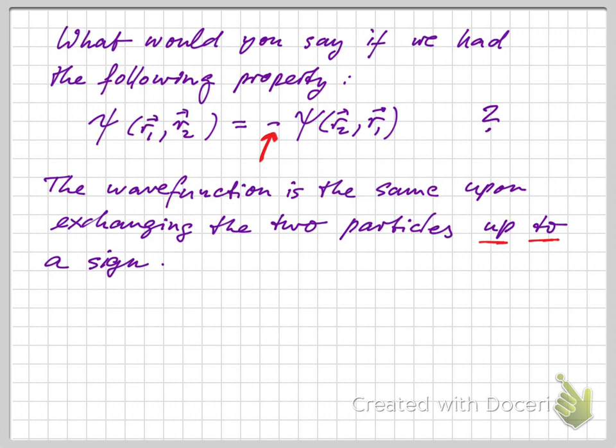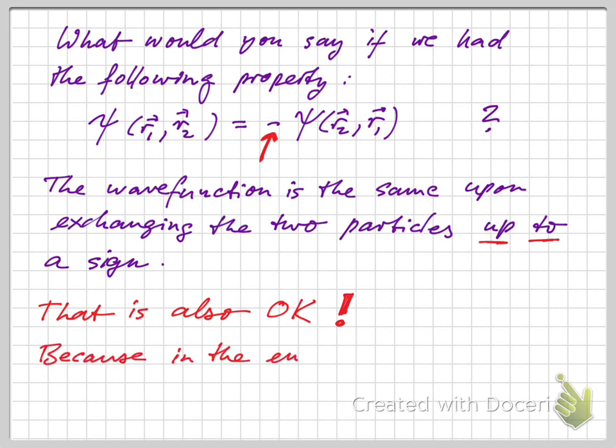And we can say that this is also okay. This would have also been okay. The minus sign does not mess us up. And so the question is, why? Why are we okay with a minus sign there? And the answer is actually pretty straightforward.